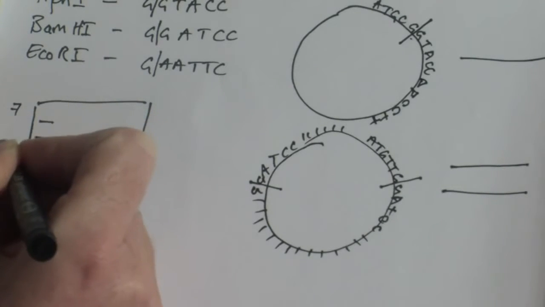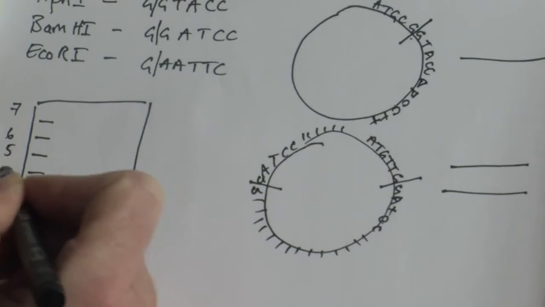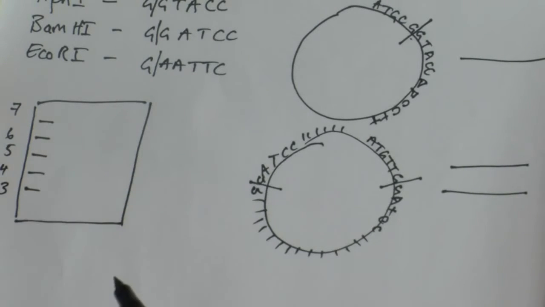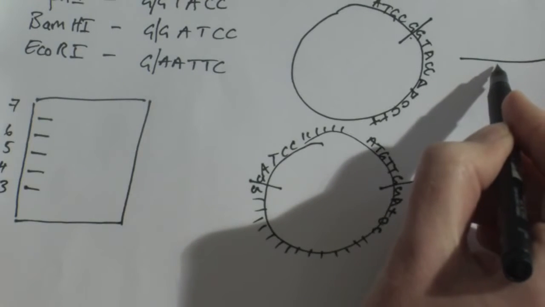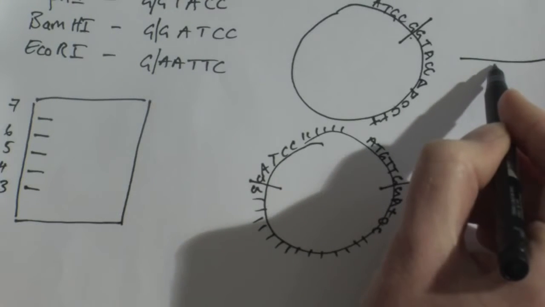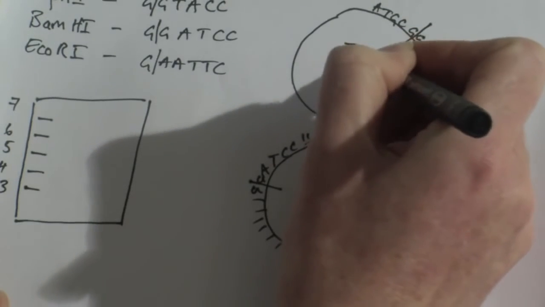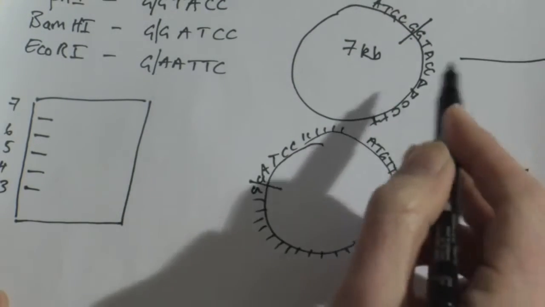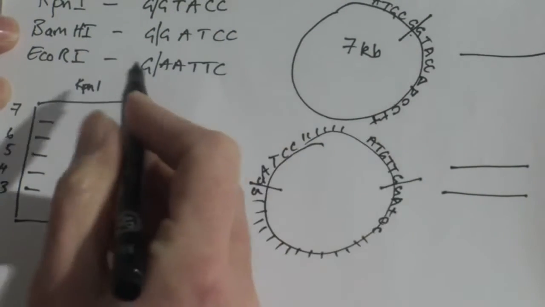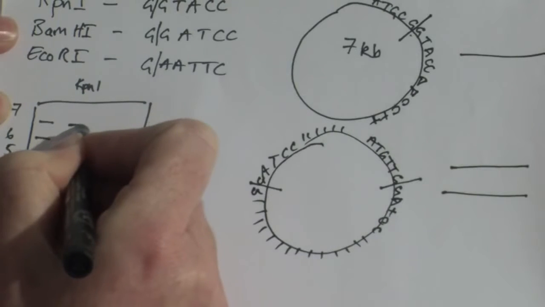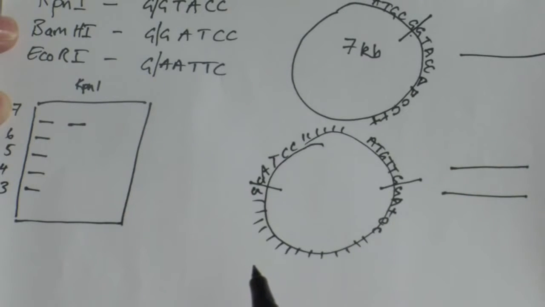Let's say this is 7 kb, 6, 5, 4, 3 kb. Only when I ran this sample here on an agarose gel, let's say it's a 7 kb plasmid, would I know that by cutting with KpnI, I have achieved a single fragment of DNA at 7 kilobases.